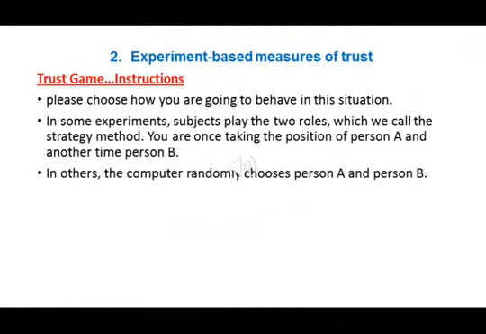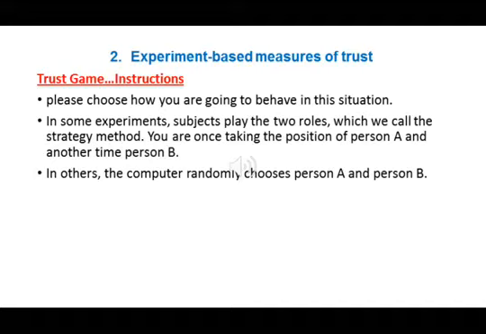So I'd like to note here that in some experiments, okay, the computer randomly chooses between person A and person B, which means that subjects enter into the lab and the computer randomly chooses which person will play the role of person A and which person will play the role of person B. So you might find yourself playing the role of person A, who has to either trust or not trust the other person, okay, by being asked whether you want to send any amount of your points to the other person.